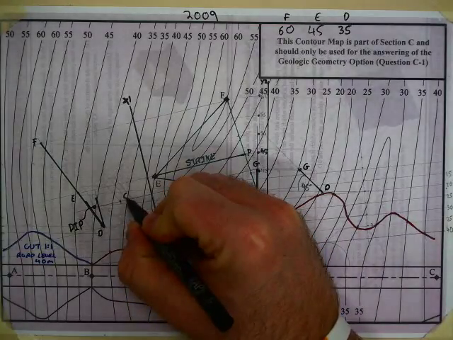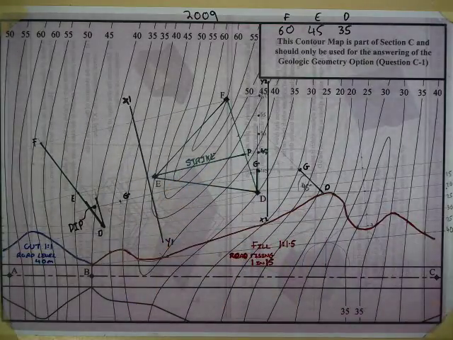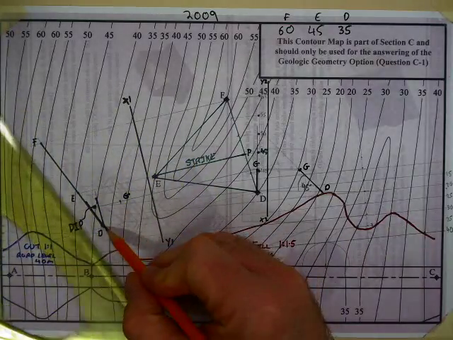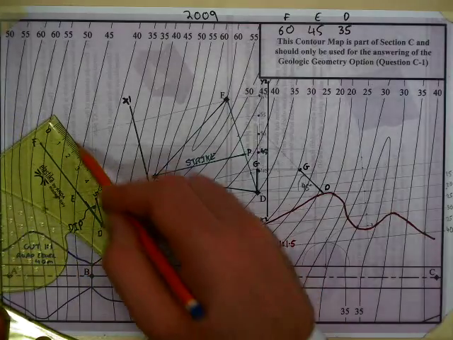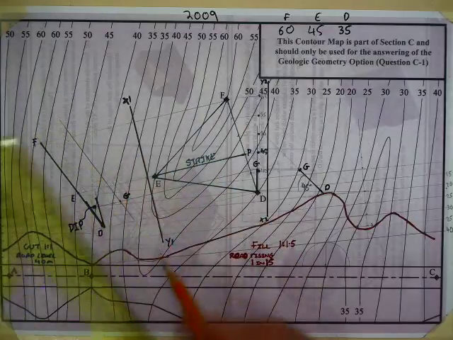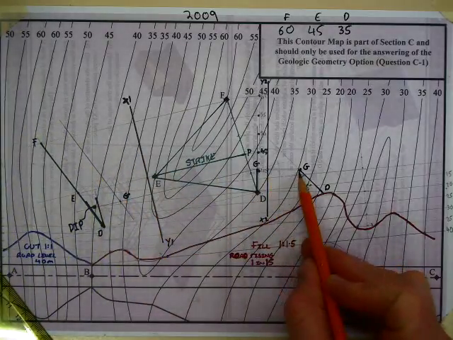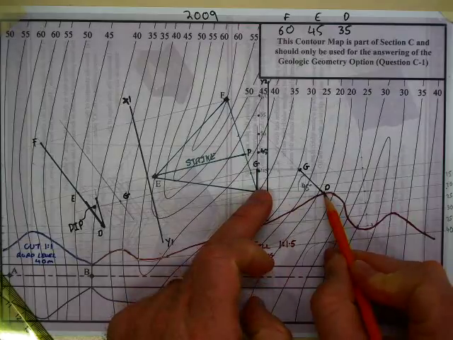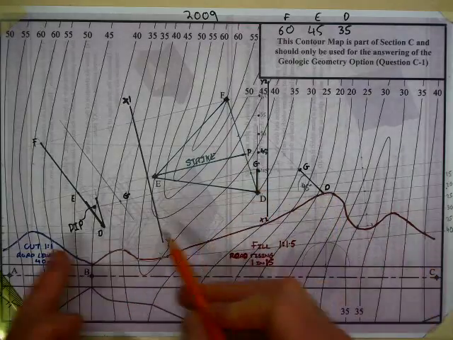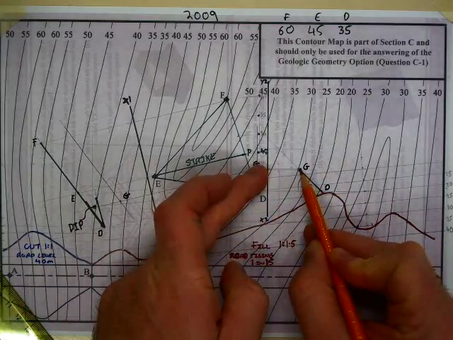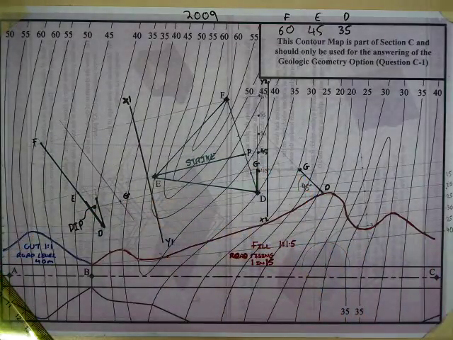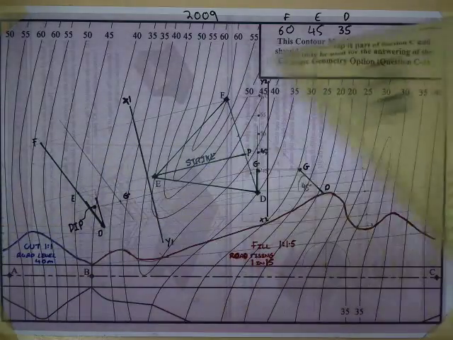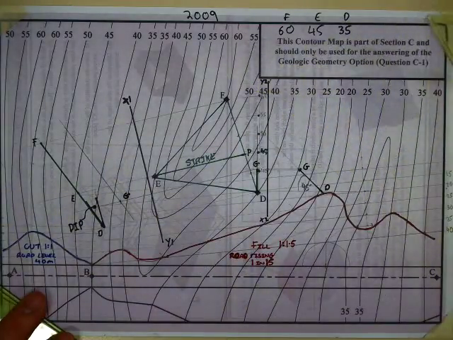Now if G is on the bottom of the stratum of ore, what can I draw through G here? Parallel line, exactly. Parallel to the top surface of the stratum of ore. Like D, we came up 35 there for D, because that's its true height. Then we come up from X and Y for G here, and we mark that height there. Now, have I determined the thickness of the stratum? Have I indicated it?